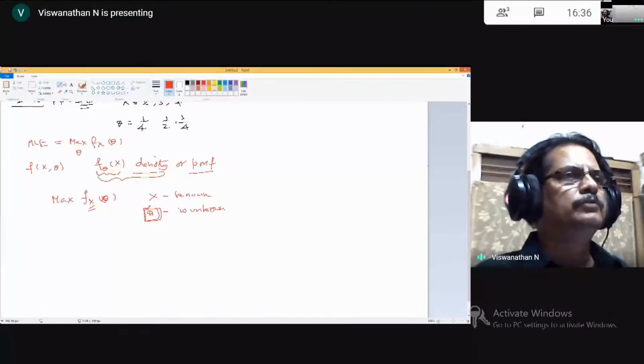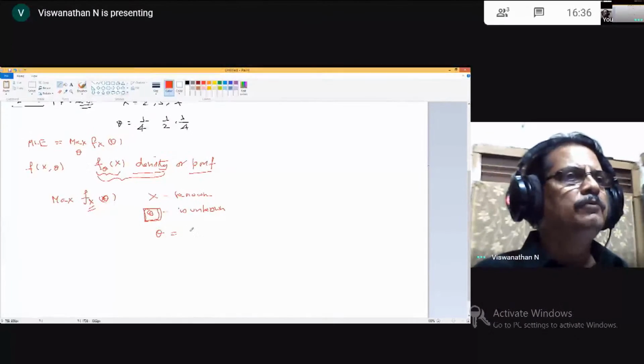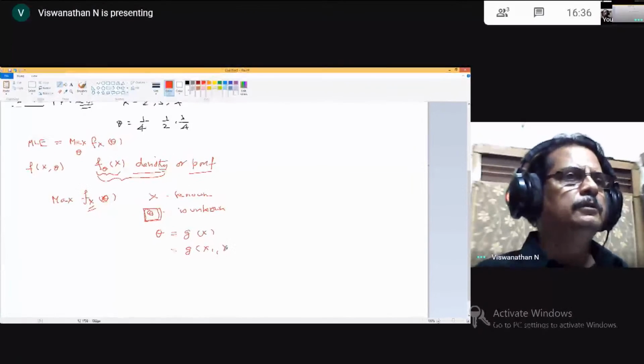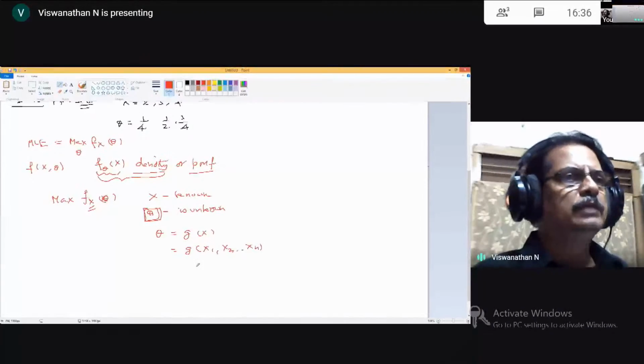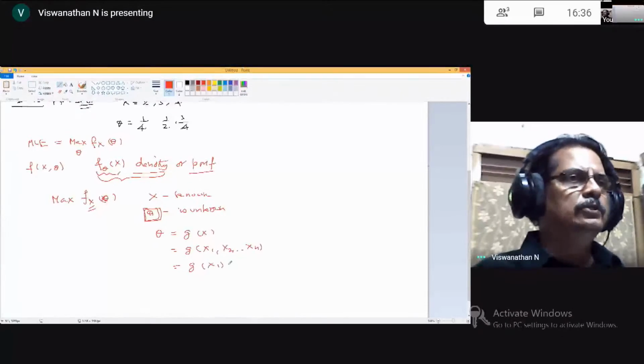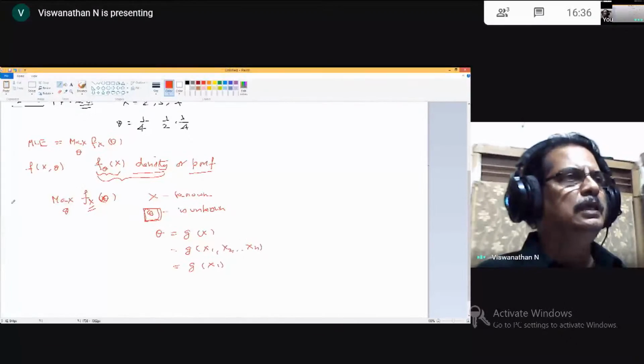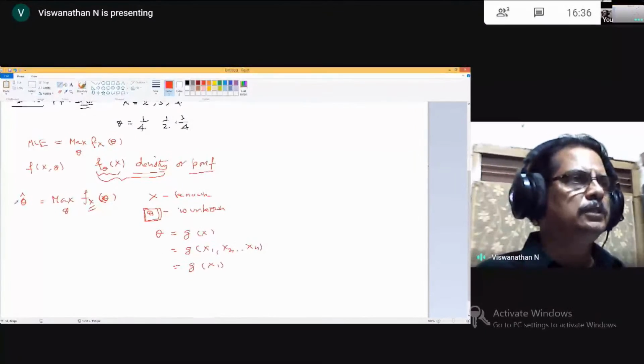Theta should be a function of x; in general, a function of x1, x2, up to xn. Here we are taking only one sample, so it should be a function of x1 alone. I should see for what value of theta this function gets maximized, and that is my theta hat, my MLE of theta.